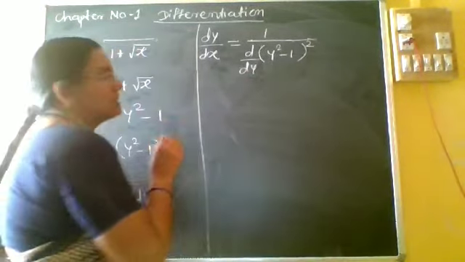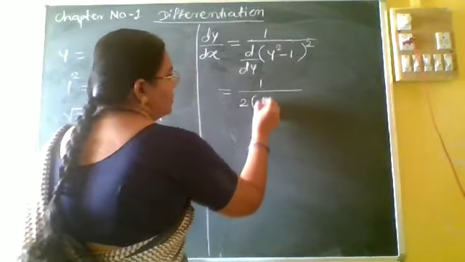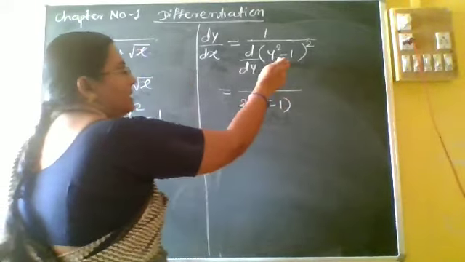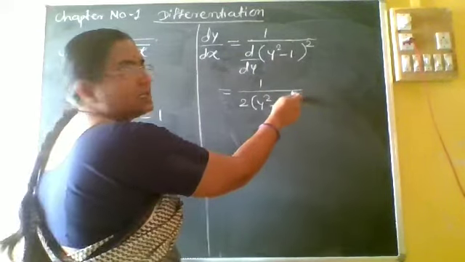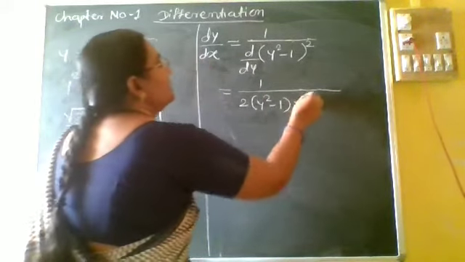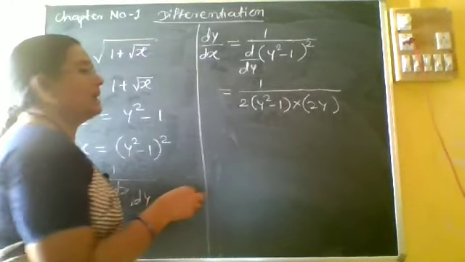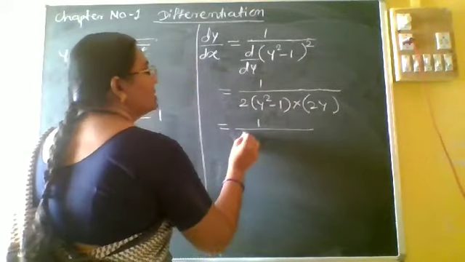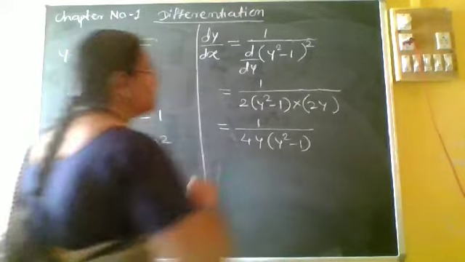Taking the derivative of this, we get 2 into y square minus 1 raised to 2 minus 1, into the derivative of y square minus 1, that is 2y minus 0, which is 2y. There it becomes 2 into 2 is 4y, y square minus 1.